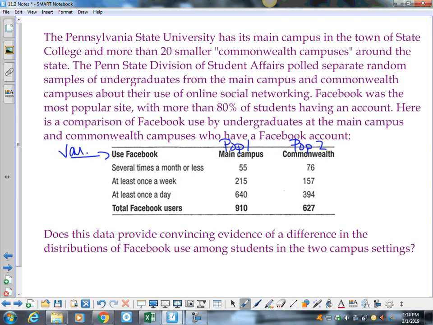Does this data provide convincing evidence, so I know I'm doing a test, of a difference in distributions of Facebook use among students at the 2 campus settings? So I'm looking to see if the 2 campus settings are homogeneous or if they're different.